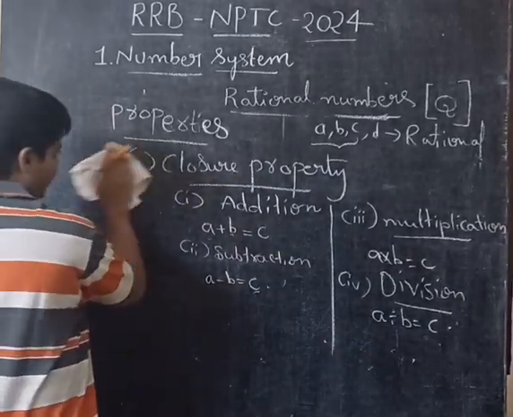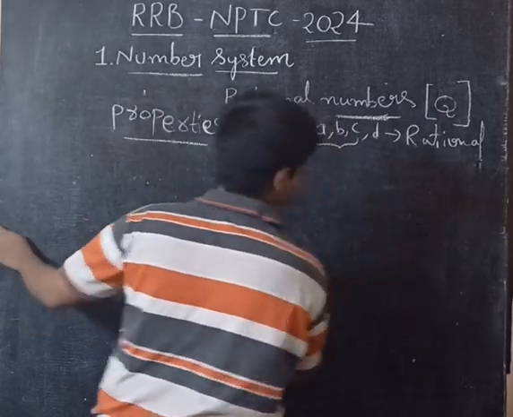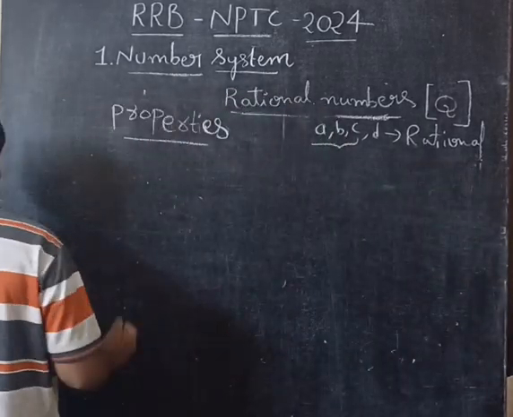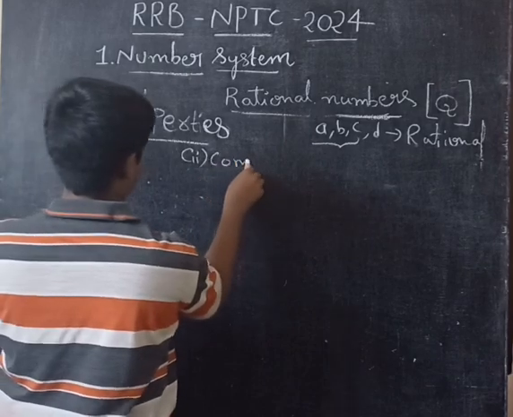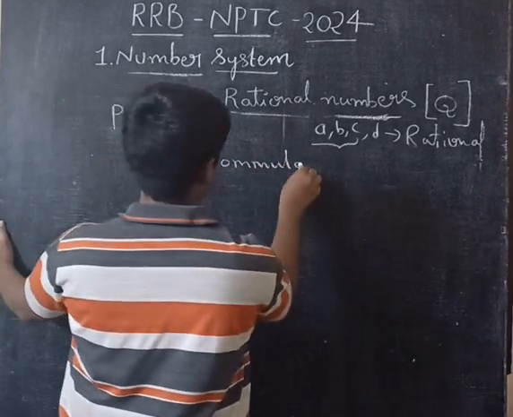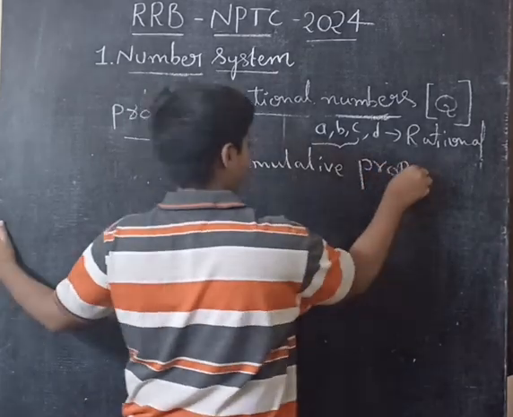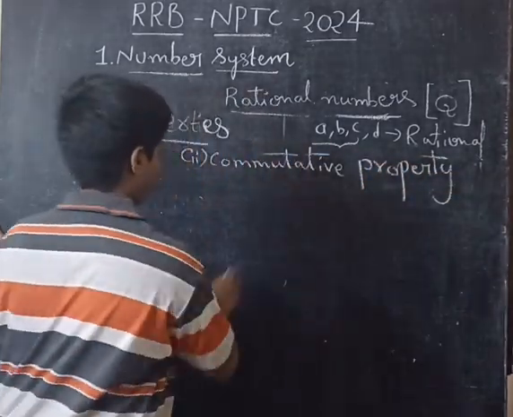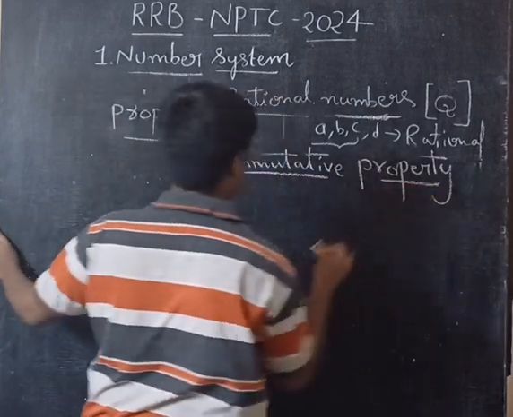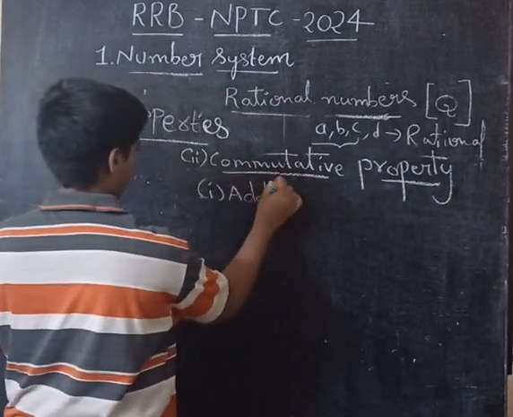And if you see the next one, commutative property. The first one is addition.